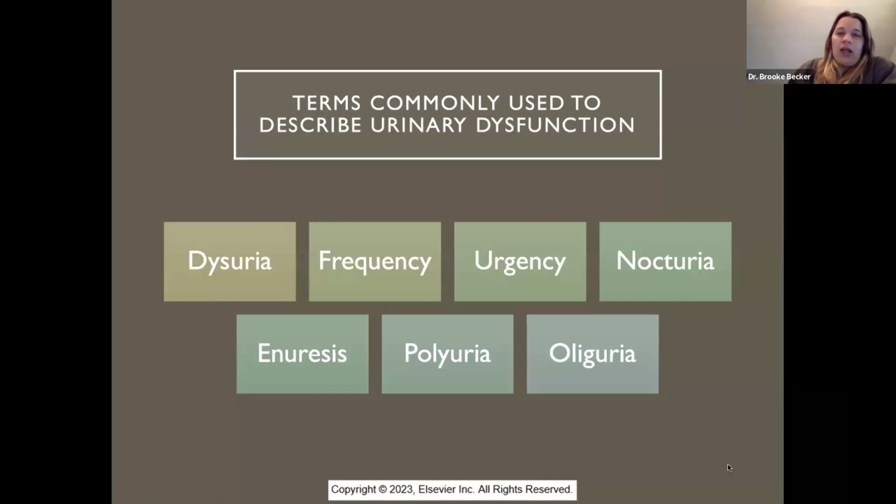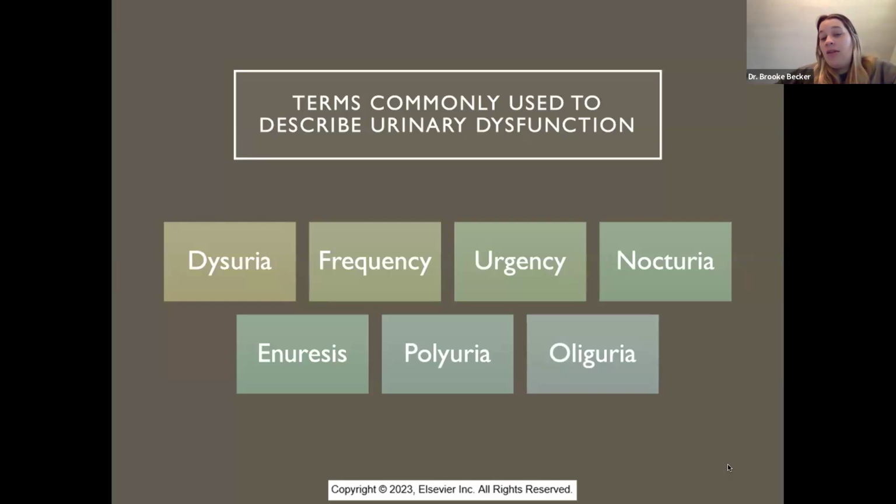So commonly used terms, be aware of these terms, okay? Dysuria is discomfort or burning with urination. Frequency is, you're having to go pee frequently. Urgency would be the second you feel like you have to go pee, you have to go. Nocturia is waking up in the night to go pee.